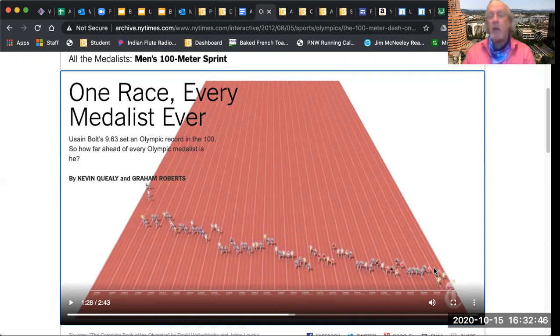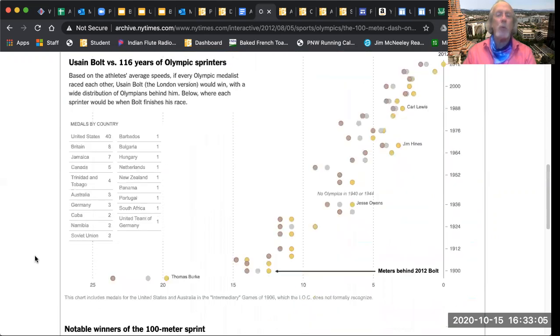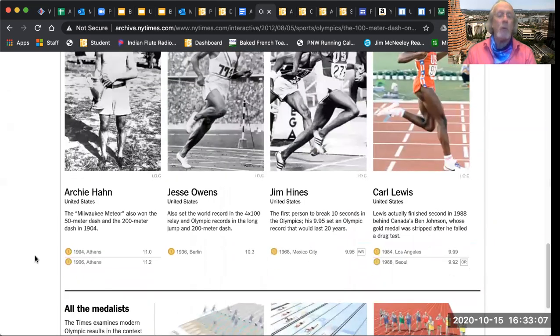Now it is considerably faster than that. Why is that? Have we evolved to be faster? Probably not. What we have is improvements in training and technology. So this is an example of something coaches might use to look at how to improve over time.